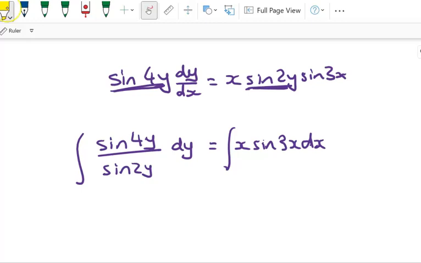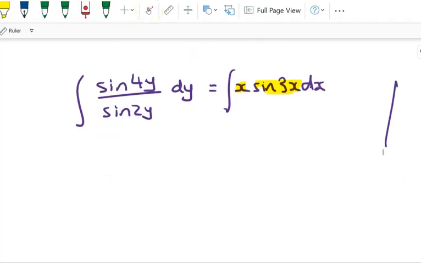Okay, so looking at the right-hand side first, x times sine of 3x is going to be a fairly straightforward integration by parts thing. And then we've got some compound angles, double angles that we can work with on the left-hand side.